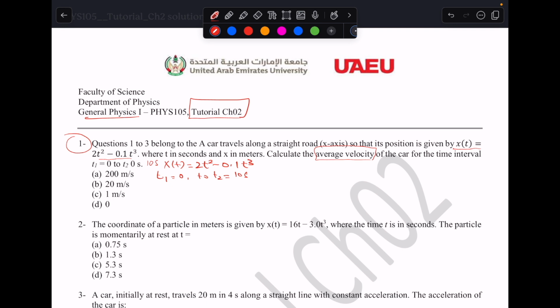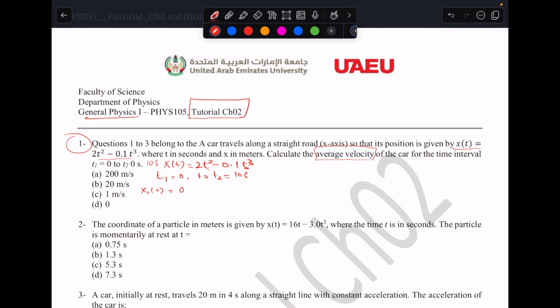So we put the value of t1 and t2 in this function. So we will get x1 or 0. When we put t equals to 0 over here, it's going to be 0, so x1 is going to be 0.